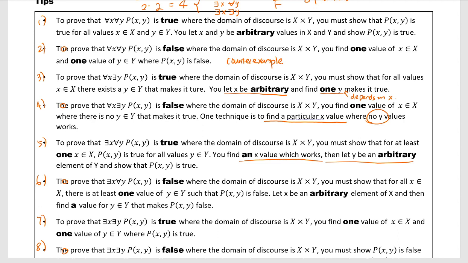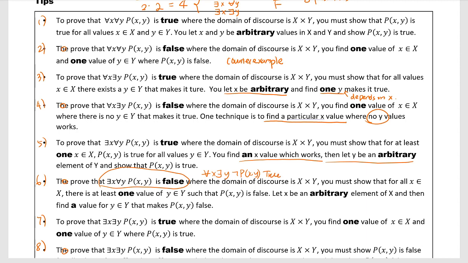You can also think of it this way. You want to show this is false, right? Which means you want to show the negation is true. Well, the negation is, for all x, there is this y, not P of x,y is true.